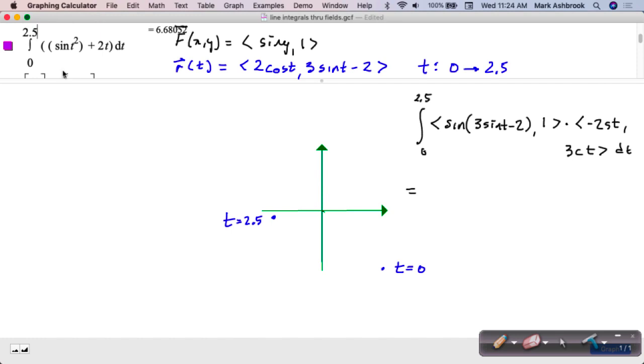Okay, so it looks like, what do we got here?